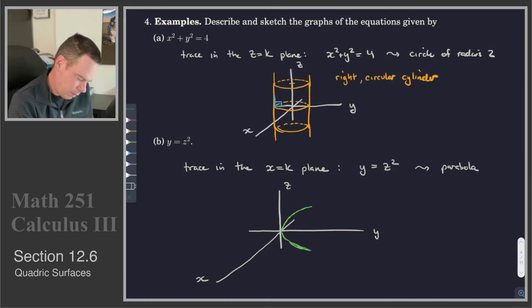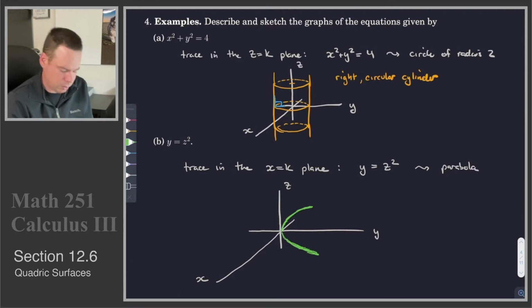I'll make the bottom a little bit longer. I'm only going to draw a portion of the surface, so I'm trying to set myself up for success. It would go on forever, but this is a parabola in the yz plane.